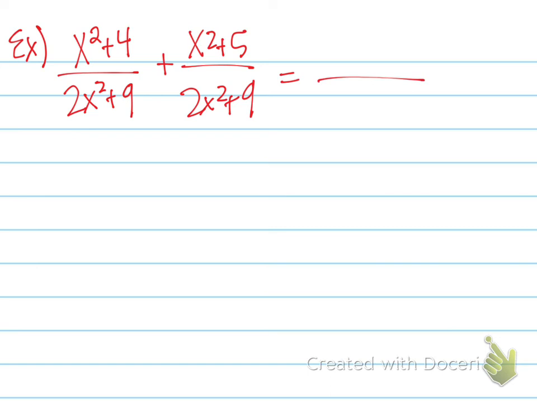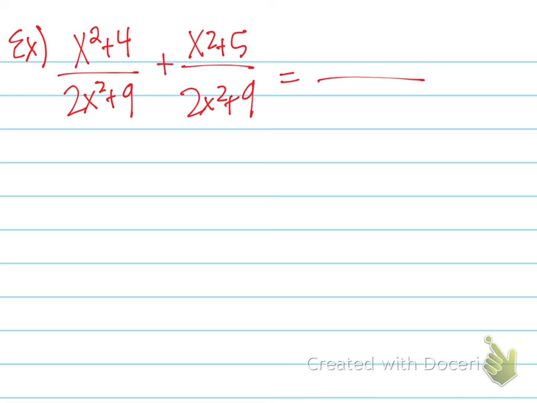What does step 4 say? Add or subtract numerators only. Okay, so there's nothing we can do to factor the top. We don't need to factor the bottom. We don't need to find the least common denominator. We need to start with step 4 and add or subtract.